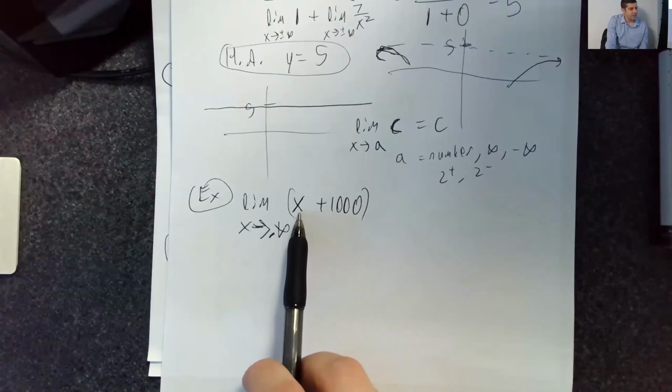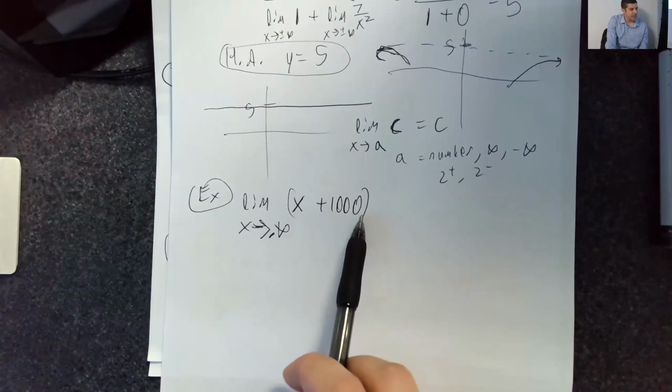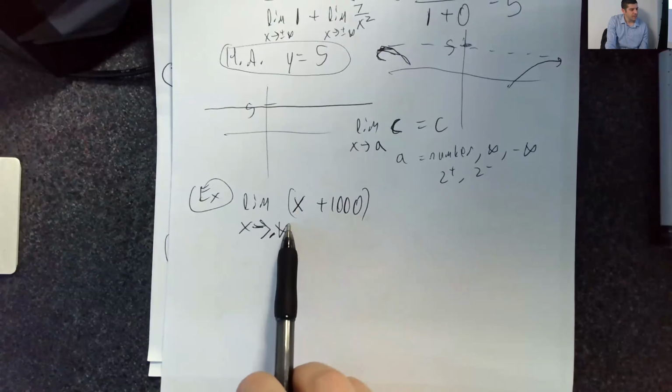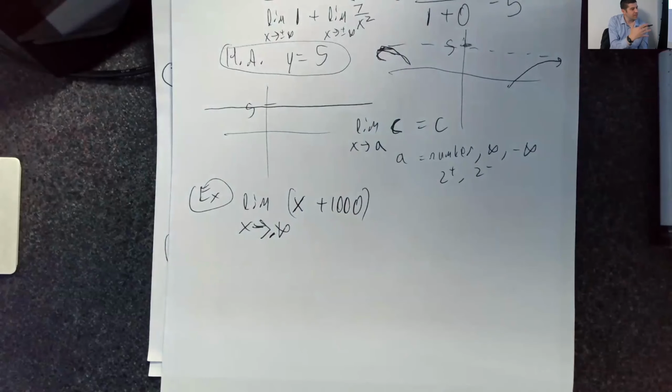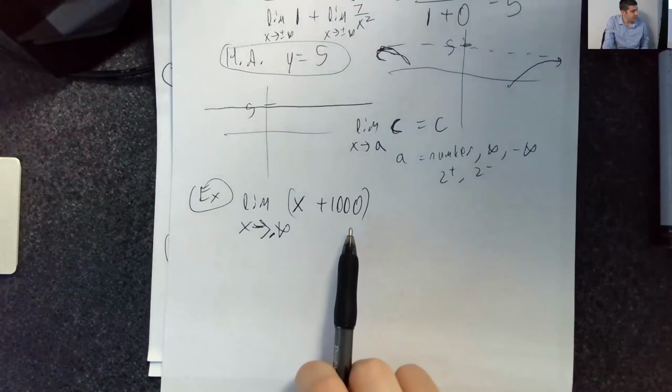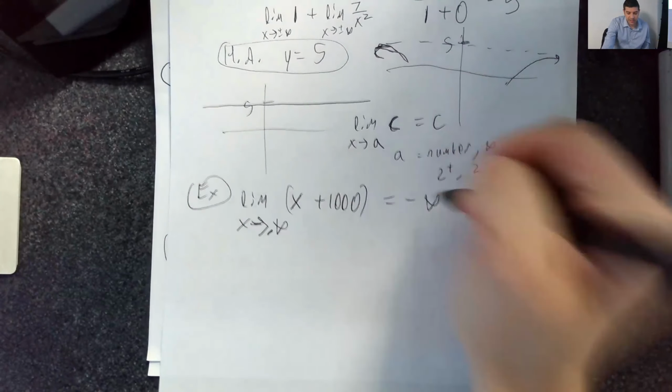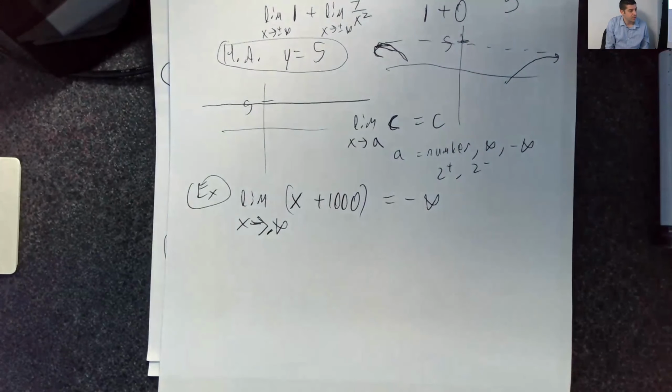If x is like negative a trillion, well, negative a trillion plus 1,000, negative 100 trillion plus 1,000. Where is it going? What's the pattern? It's going towards negative infinity. Notice that the plus 1,000 doesn't make a difference for us. Negative infinity plus 1,000 stays negative infinity. So the answer would just be negative infinity. You don't really have to do algebra for things like that.